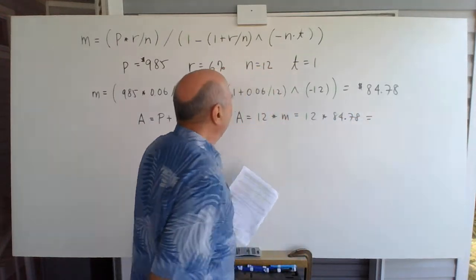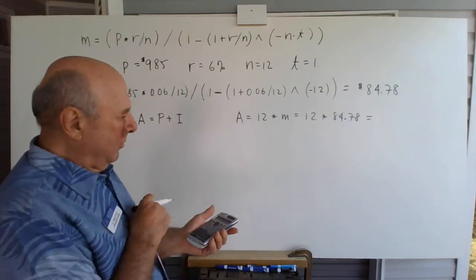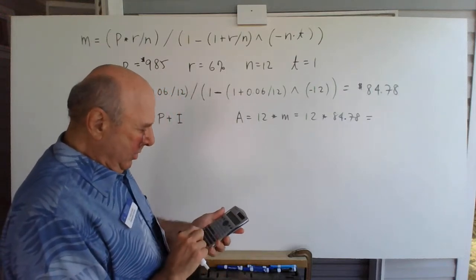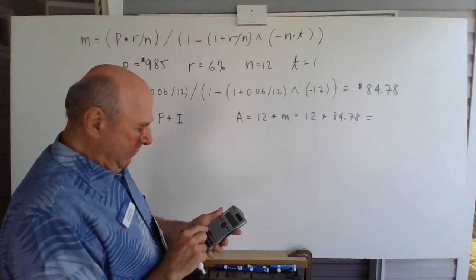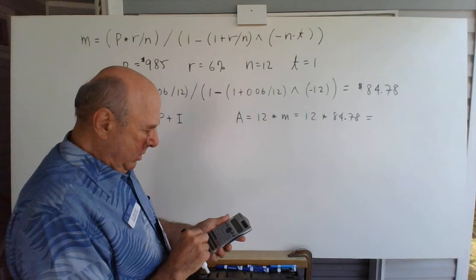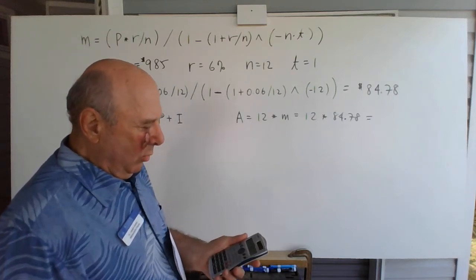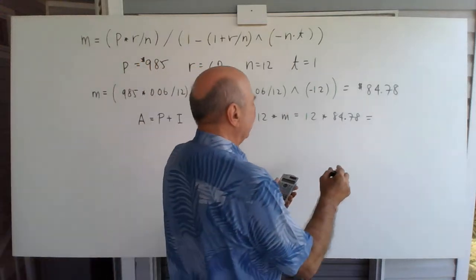And so the total amount I pay back for the loan in those 12 payments will be 12 times 84.78, which is $1,017.36.